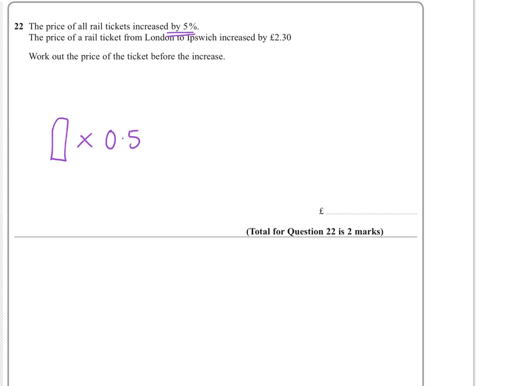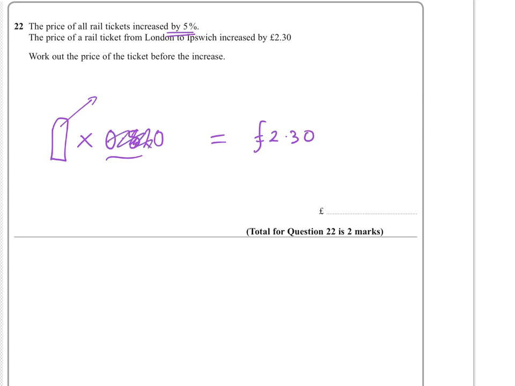Now we've got to have a £2.30 increase. So some ticket times by 0.5 would give us a 50% increase. So we don't want to times it by 0.5. If we times it by 0.2, that would be a 20% increase, because I could just write a 0 here and that would remind me of the fact that it was a 20% increase.